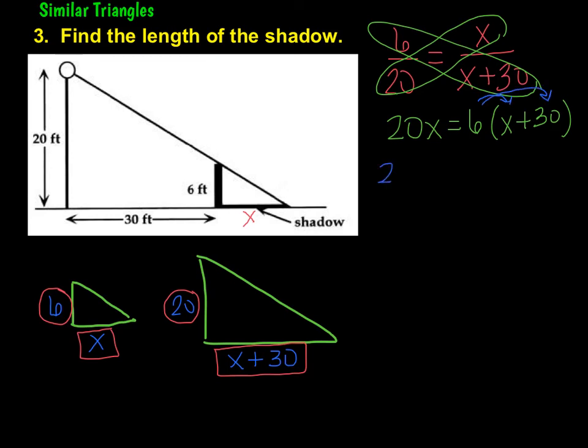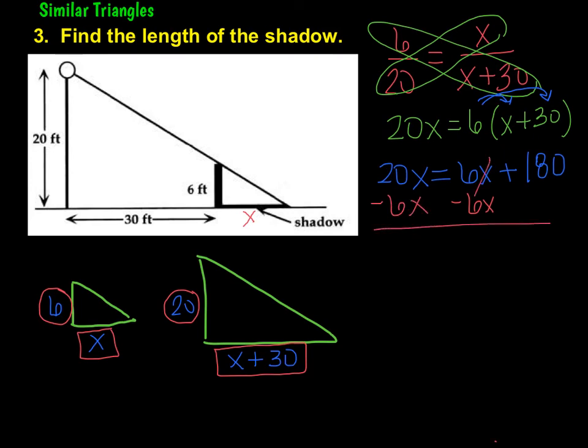So we end up with 20x equals 6 times x, which is 6x, plus 6 times 30, which is 180. All right, now we want to get our x's to the same side, so I'm going to move the 6x by subtracting it on both sides. It will cancel here. We end up with 20 minus 6, which is 14x, equals 180.